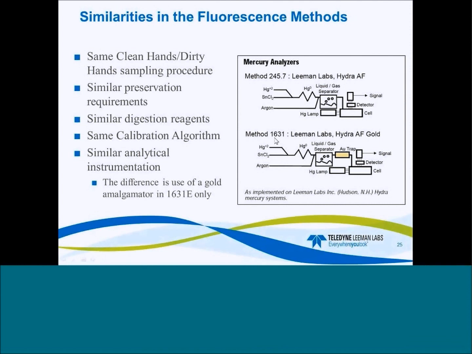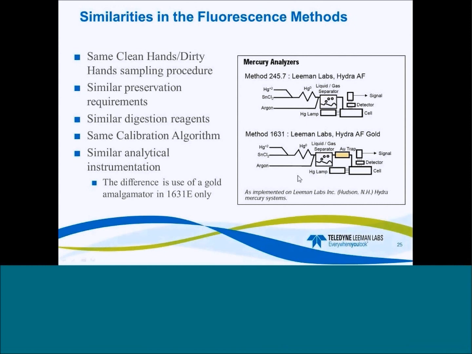In the 1631 approach, the mercury that's generated and released from the solution is collected on a gold trap for a period of time. And when that trap is heated, you get a very significant peak that is basically the sum of all of the mercury that's passed through the gas liquid separator for a collection period. And the rest of the optics stays identical.